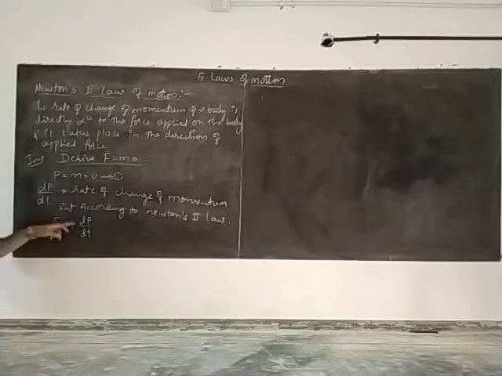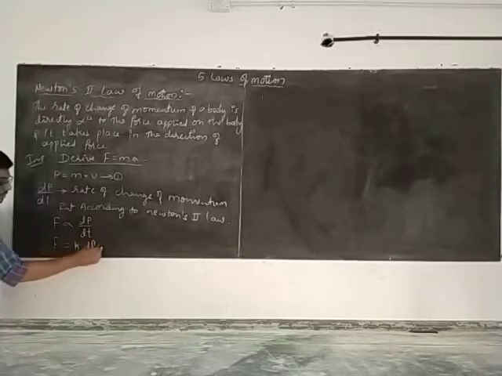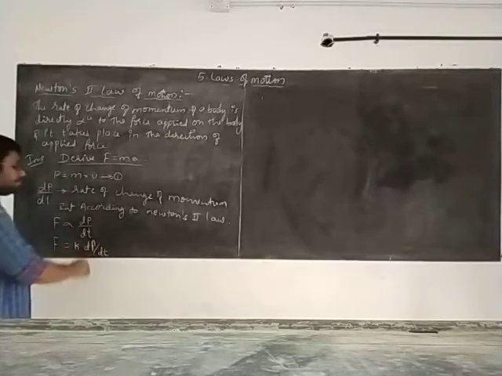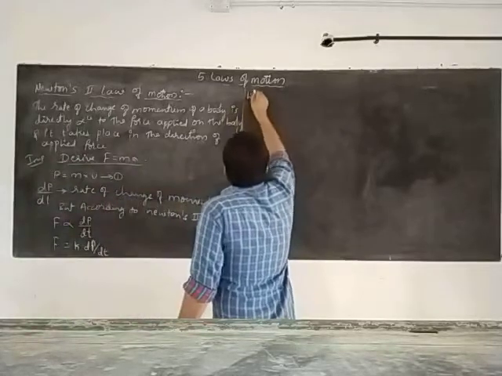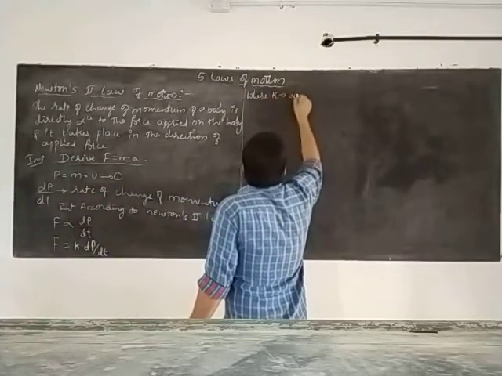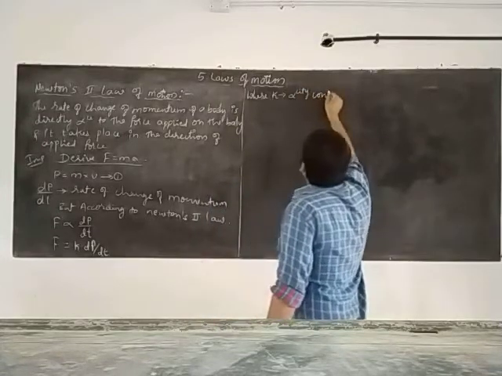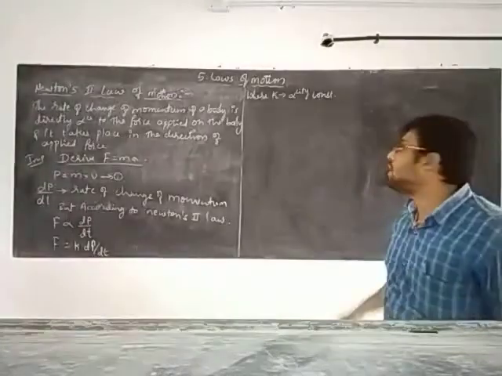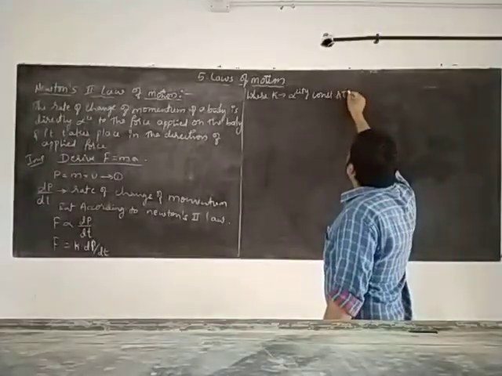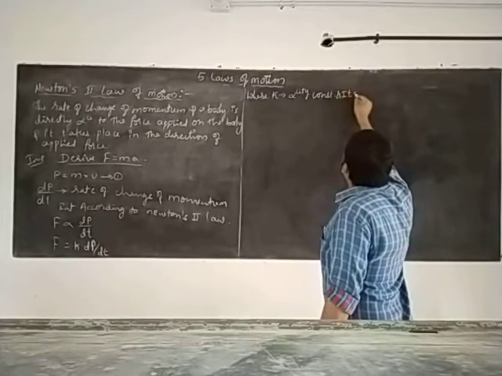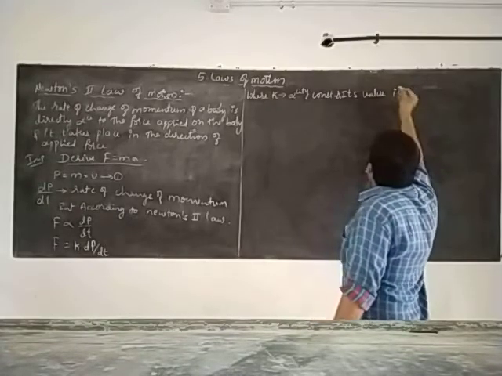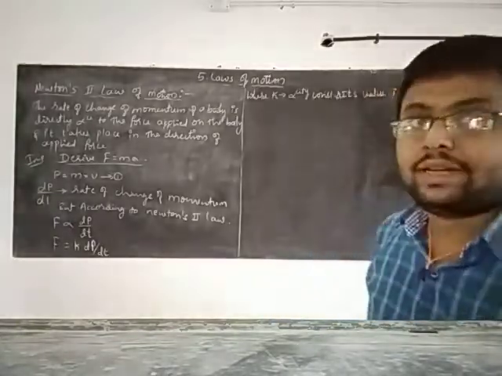In order to remove this proportionality sign, I will insert a proportionality constant k into dP divided by dt. Here k is nothing but the proportionality constant, and its value is 1, unity.